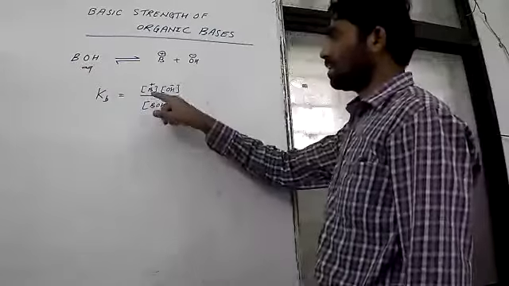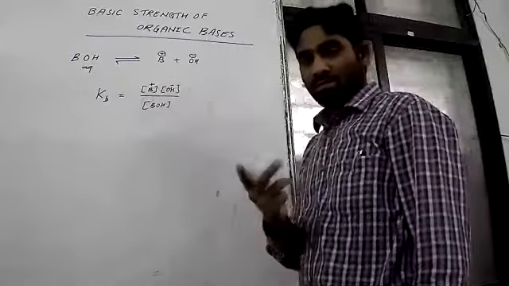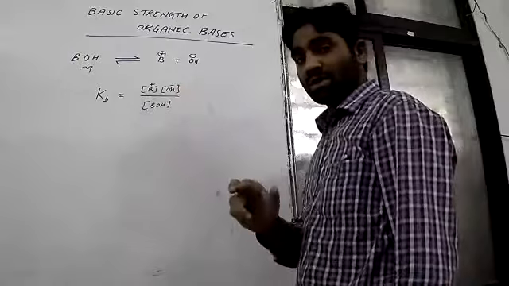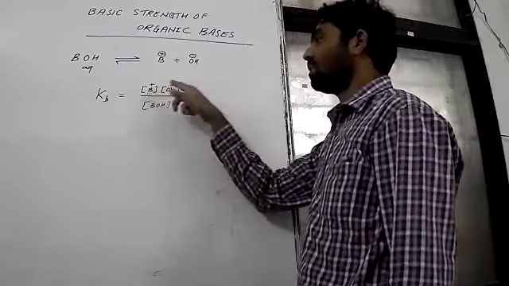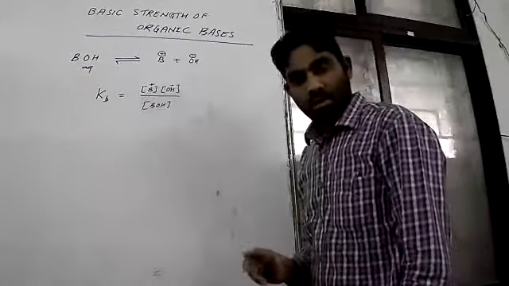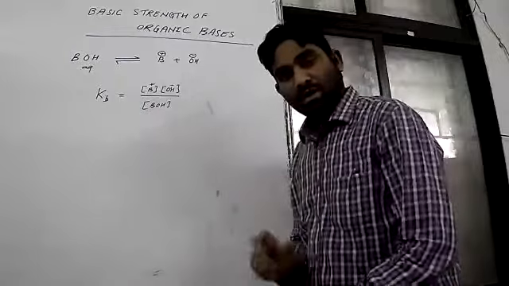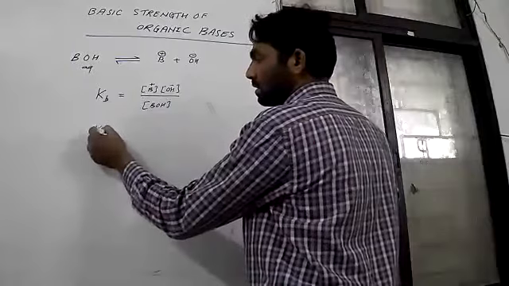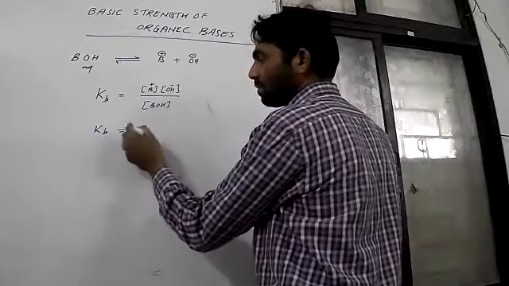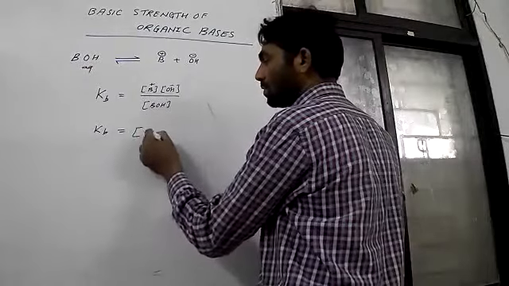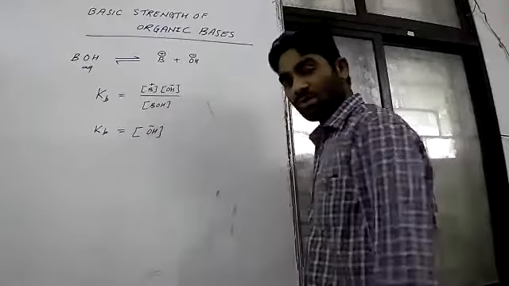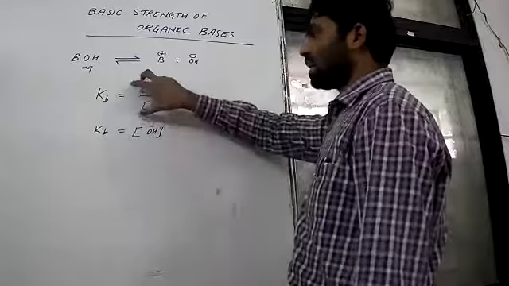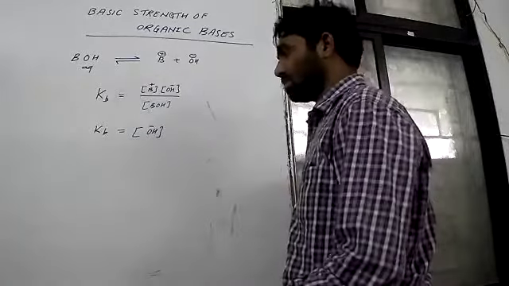Remember, we have no relation with this B plus. Our aim is not to discuss any other ion but OH minus. So the equilibrium constant for base Kb is directly proportional to OH minus ion concentration.